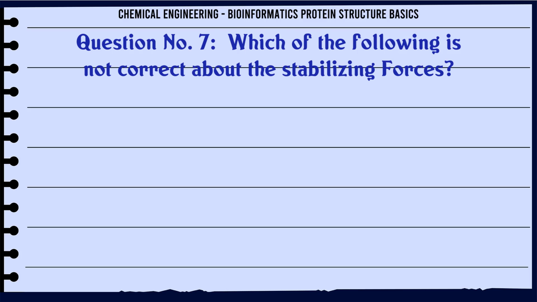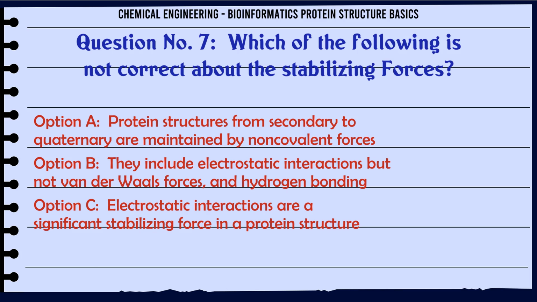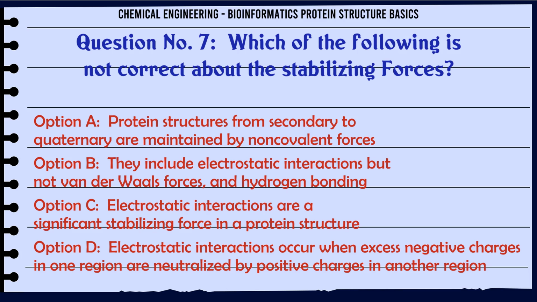Which of the following is not correct about the stabilizing forces? A. Protein structures from secondary to quaternary are maintained by non-covalent forces. B. They include electrostatic interactions but not van der Waals forces and hydrogen bonding. C. Electrostatic interactions are a significant stabilizing force in a protein structure.